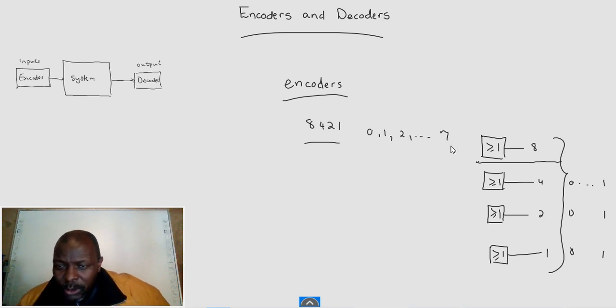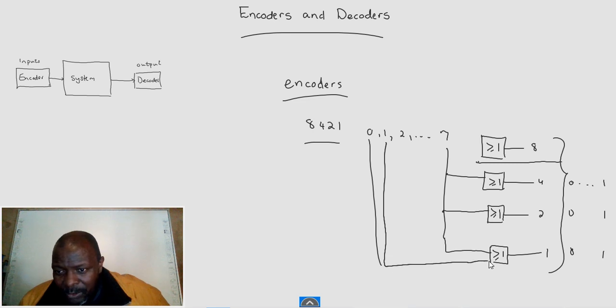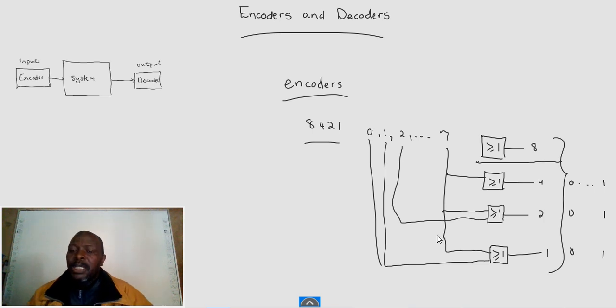So when you're asked to do a 3-bit decoder, the count for the 7 is going to be the 4, the 2, and the 1. For the 0, it will still be nothing. For the 1, it will just be the 1. For the 2, it will just be the 2, and we know the rest. So we won't always be asked for the full decoder, which does 0 up to 9.